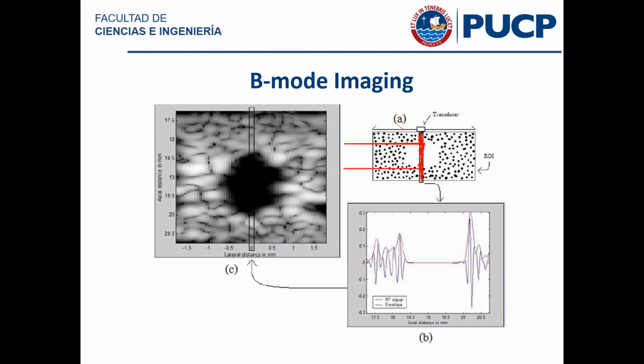You transform this from linear to decibel scale, and then you map it as the values of brightness in a column of an image. Larger values of amplitude in the reflections are mapped to whiter shades of gray, and lower values are mapped to blacker or darker shades of gray.